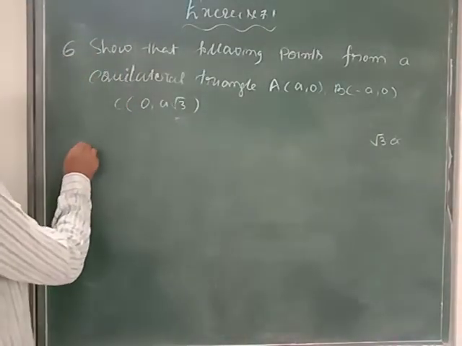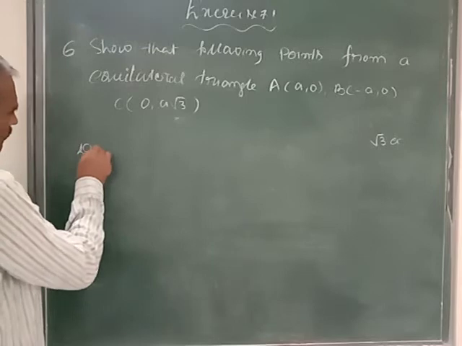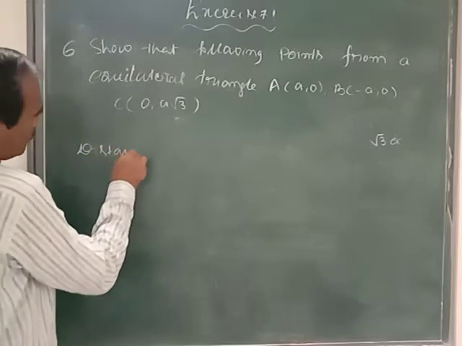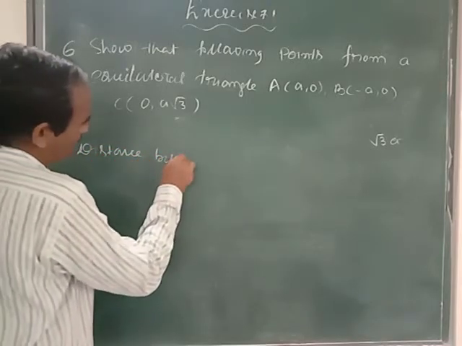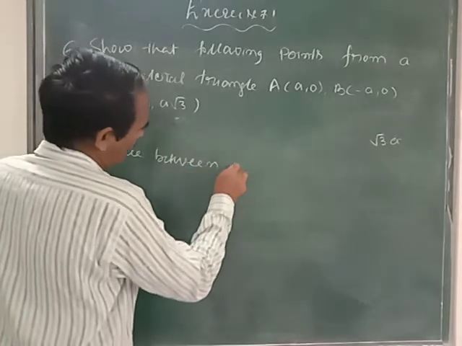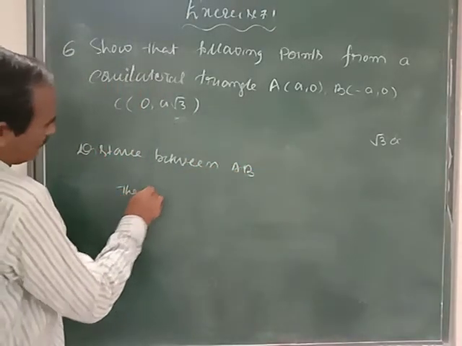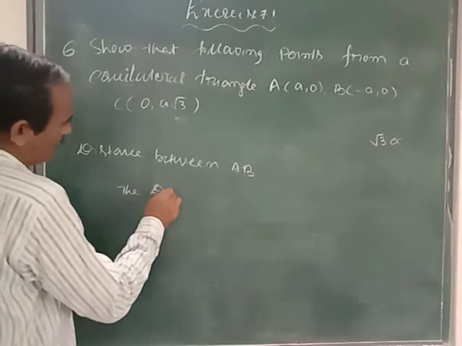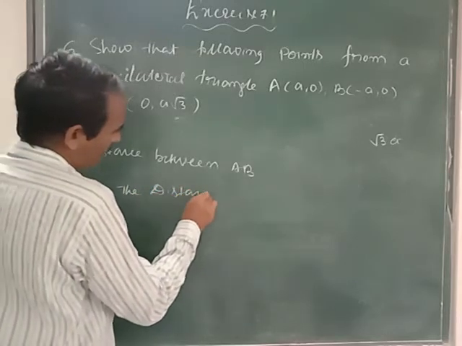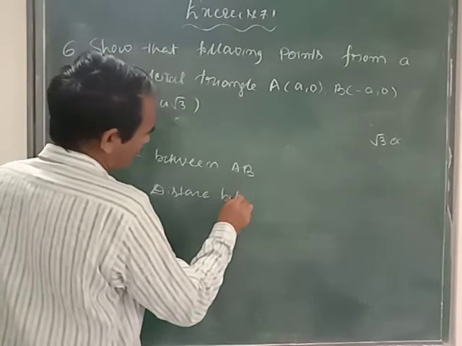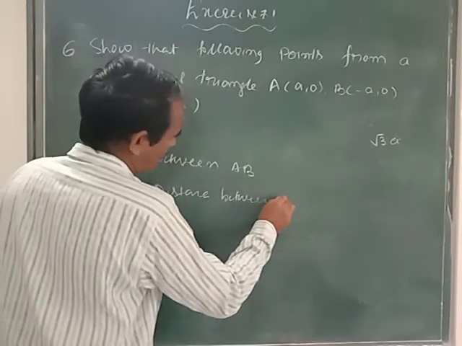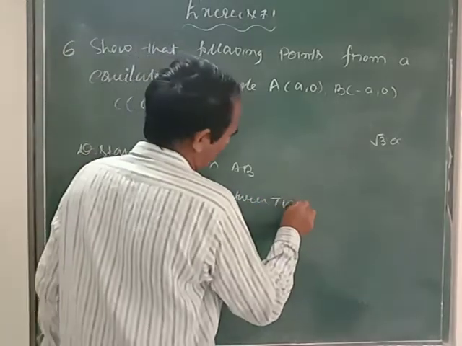Now I have to find the distance between AB. What is the formula for the distance between 2 points?